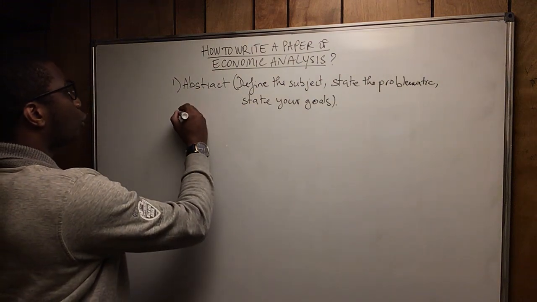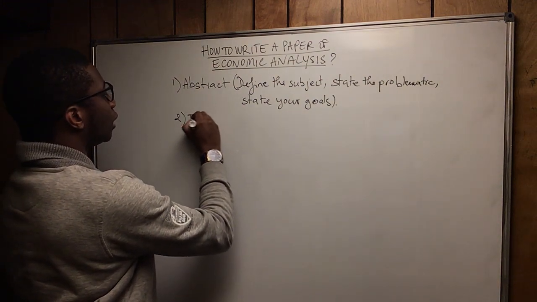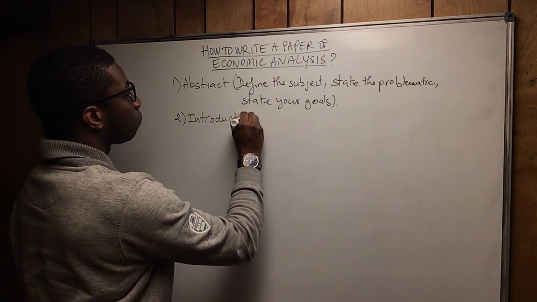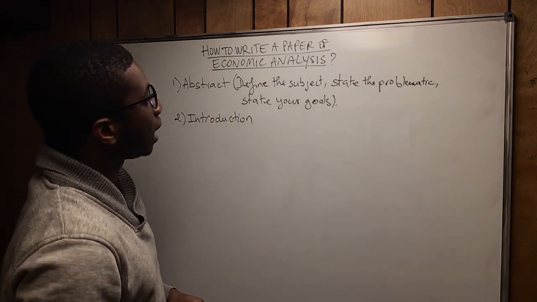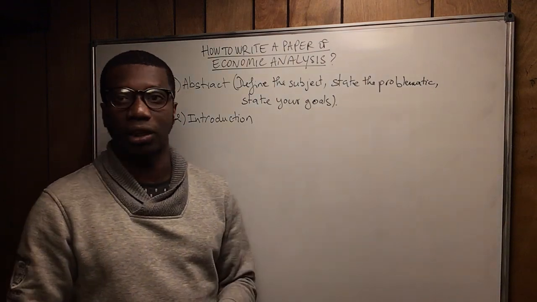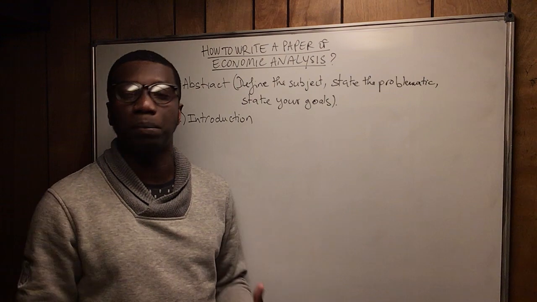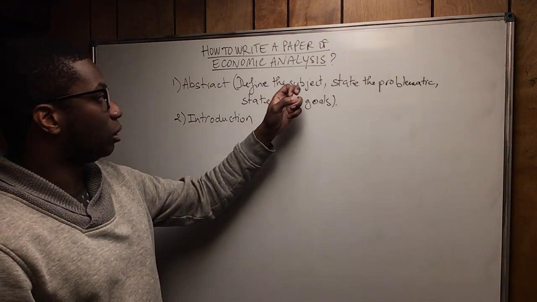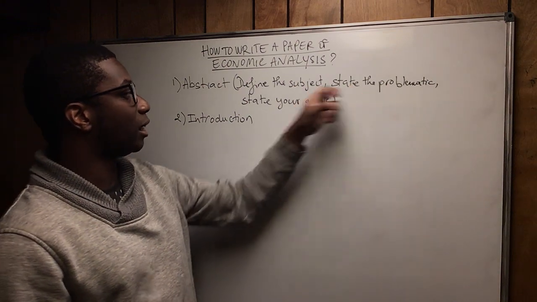Number two is, of course, to write the introduction. As you guys know, an introduction is where you basically introduce the subject that you're going to analyze throughout the paper. So it's basically the same. You define the subject, you state the problematic, and you state your goals.